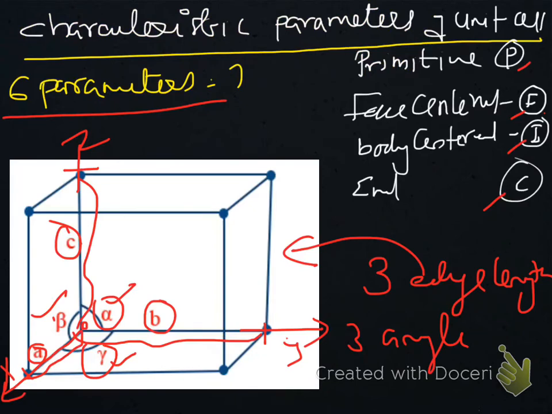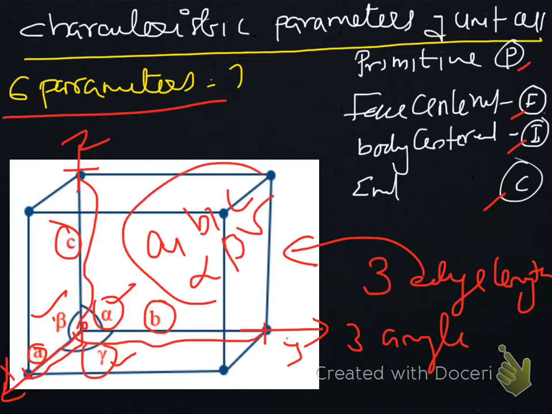Depending on the variation in these 6 parameters, what are the 6 parameters? A, B, C, the 3 edge lengths, and alpha, beta, gamma, the 3 angles. Depending upon the variation in the 6 parameters, we get different shapes for the unit cell.